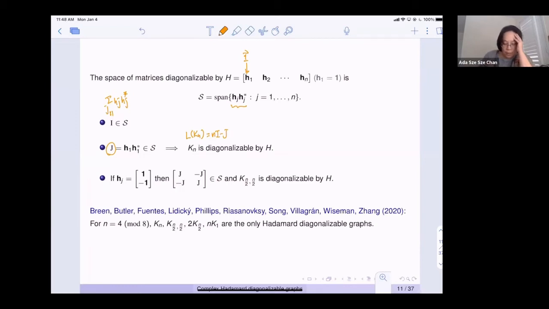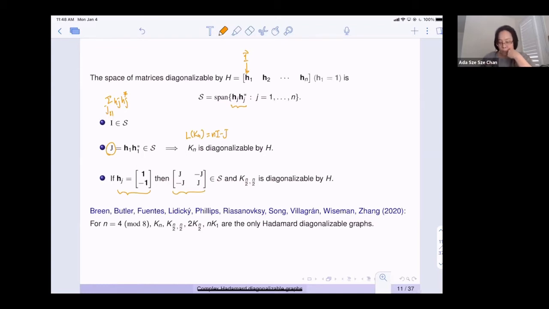Now, if we have, say, one column in this matrix with only entries plus or minus 1, I group them so that I have a +1 on top and -1 at the bottom. Then H_j H_j conjugate transpose will be this matrix here. We know that the matrix of all ones is in the space, we know that I is in this space, and now we have this matrix in this space.